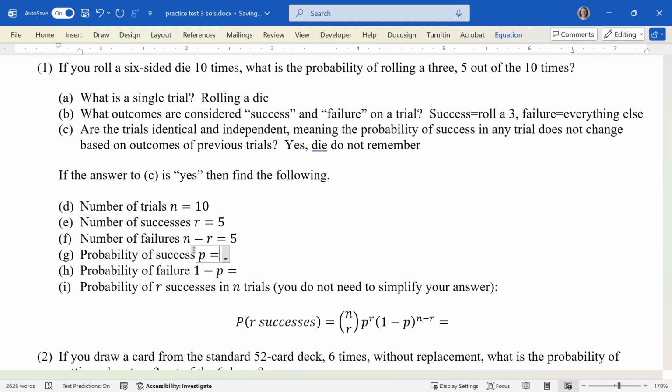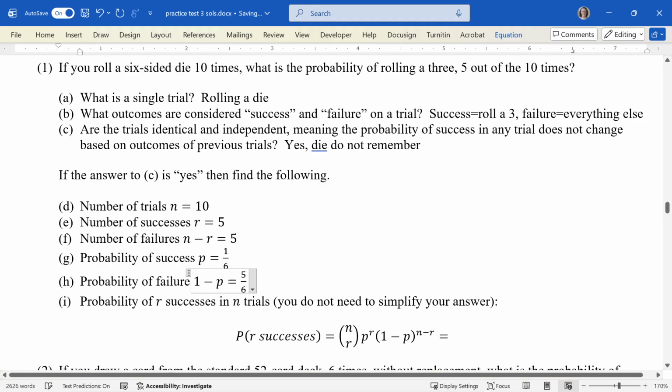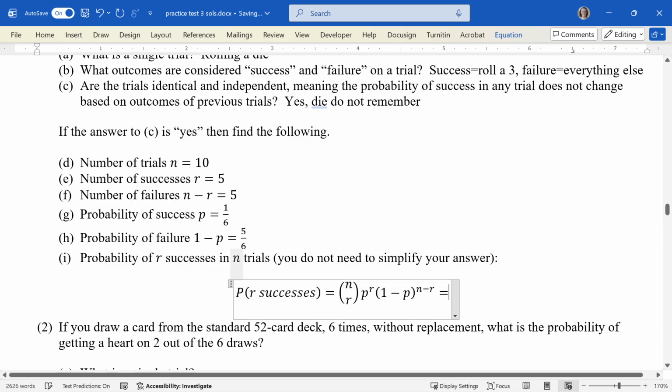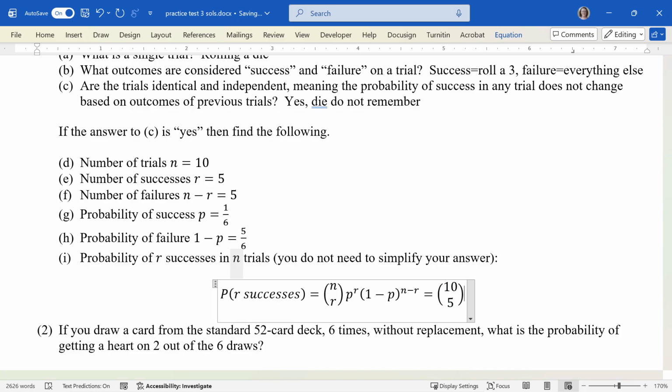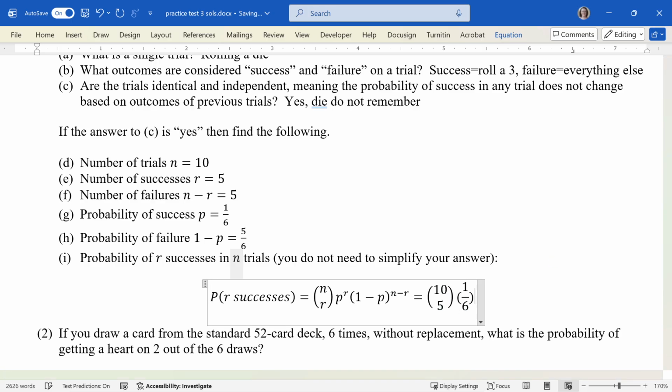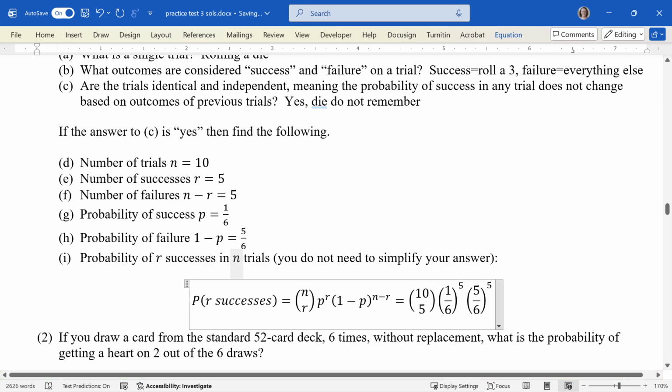So a success is rolling a 3, then this is going to be 1 out of 6. Then that means the probability of failure is the opposite, so this will be 5 out of 6. And then finally, I'm just going to chuck all this into the formula. So n, number of trials, number of successes, probability of success raised to the number of successes, probability of failure raised to the number of failures. And that's it. And if you wanted to put that into a calculator, you could do it.